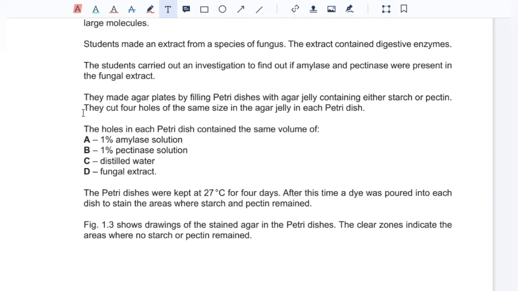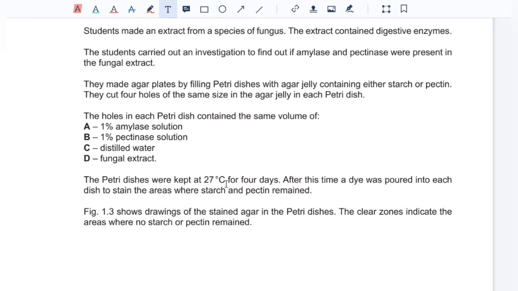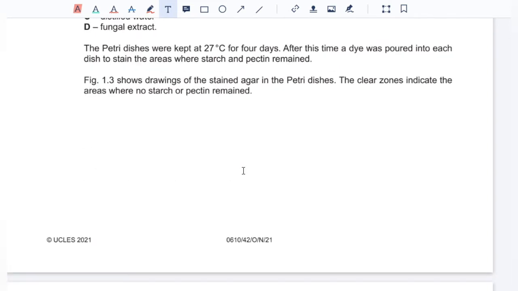After this time, a dye was poured into each dish to stain the areas where starch and pectin remained. So the area where starch and pectin remain would be the area that they have not been digested, and the other area where they did not remain would be the area where they were digested by the enzymes. Figure 1.3 shows drawings of the stained agar in petri dishes. The clear zones indicate the area where no starch or pectin remained.